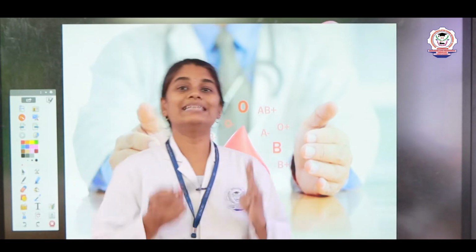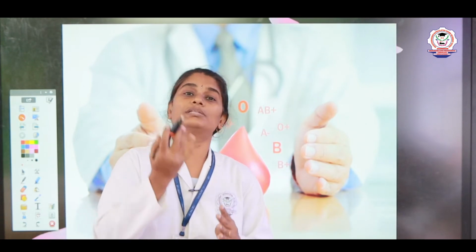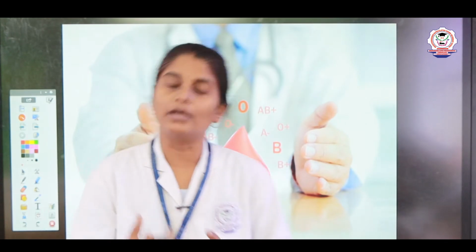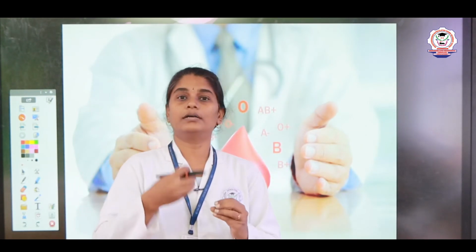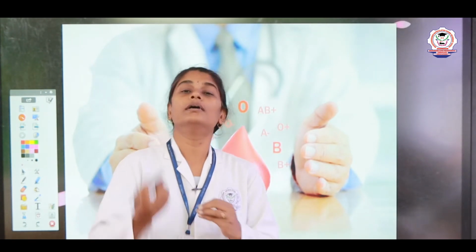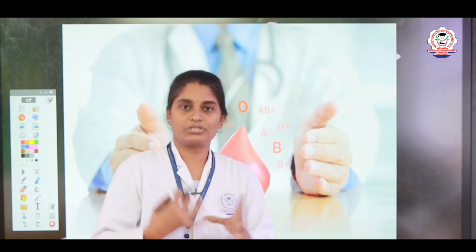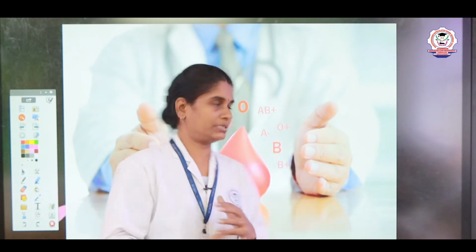These are called antigens. And what are antibodies? Antibodies are the substances that are formed when there are foreign substances; the antigens will stimulate the production of antibodies, right.